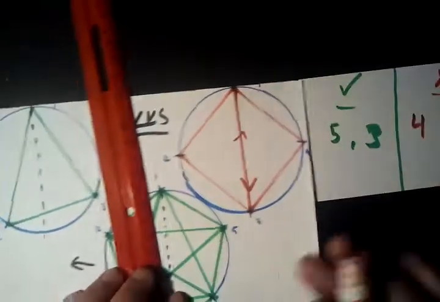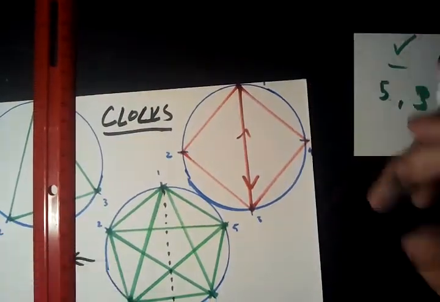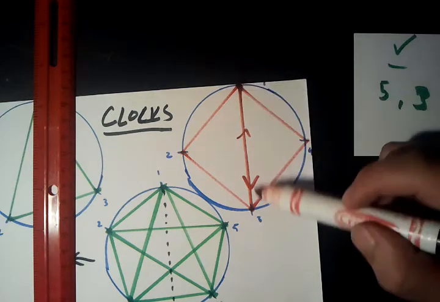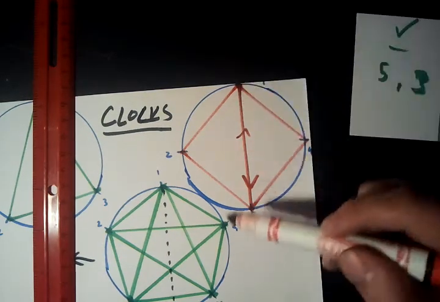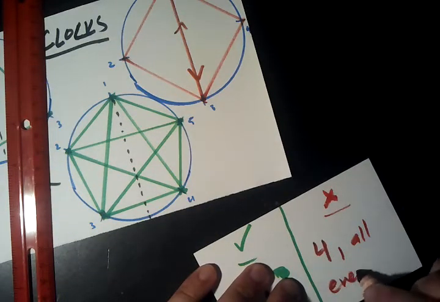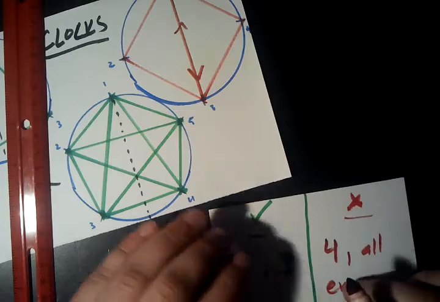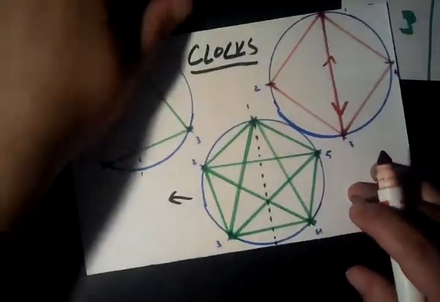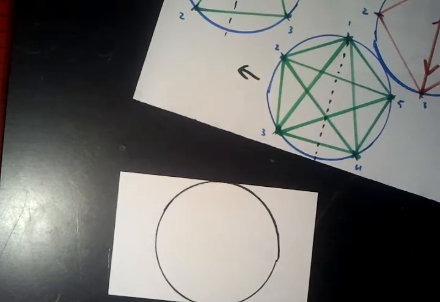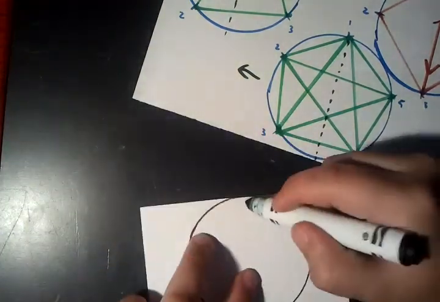So that's bad. And you're going to see that any even number is bad because an even number always has at least one case where you go from here to here and it just keeps forming that vertical line. So we can generalize and say all evens. But this is not necessarily true because let's just take the case where there's one even number that does work, and that even number is 2.